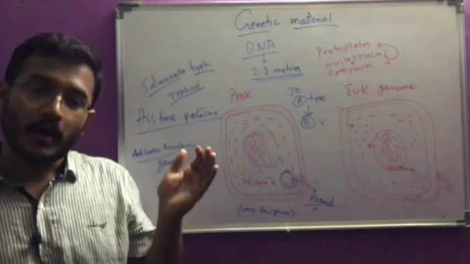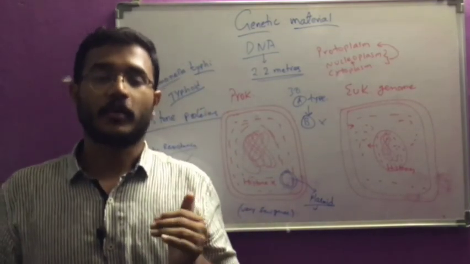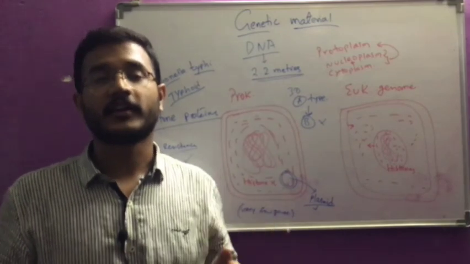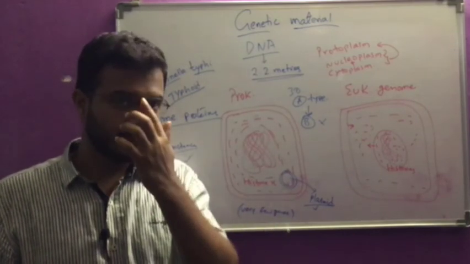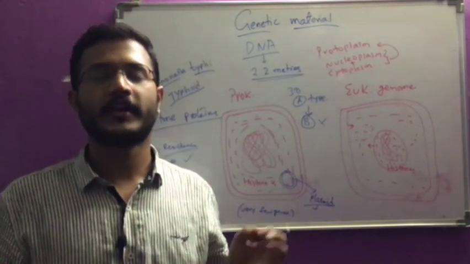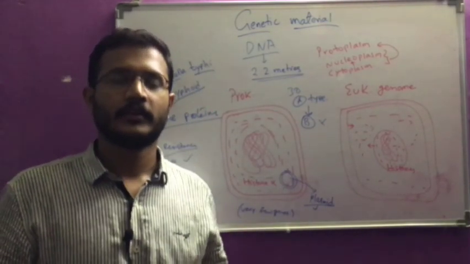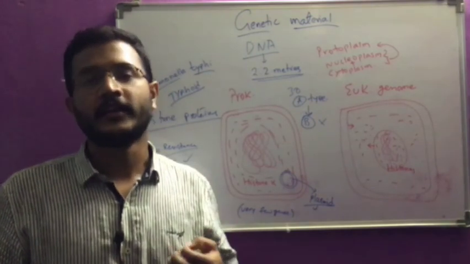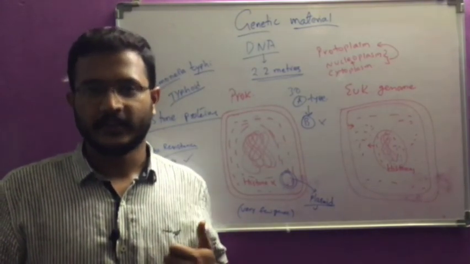So all three kingdoms have a cell wall, but what are the chemicals by which the cell walls of the three different kingdoms are made? And what is the significance of the cell wall in these three kingdoms? Like that, each and every cell organelle we will discuss in detail.